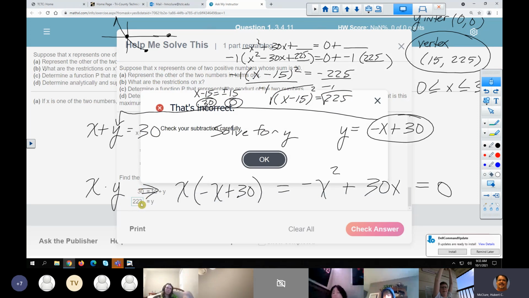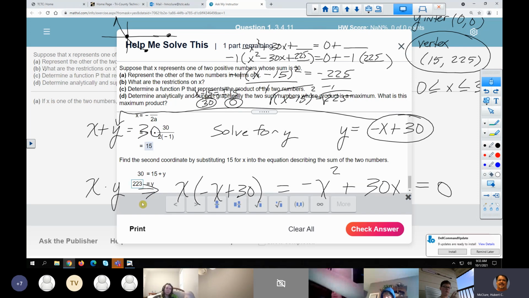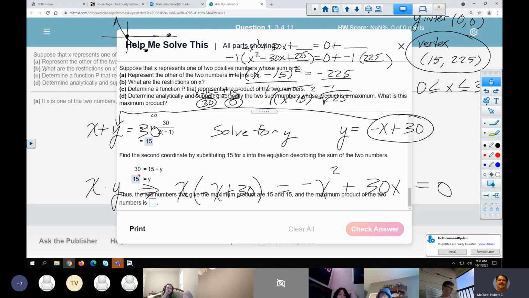Oh my goodness. This problem is out of character for this section. 225. That's where my problem is. No, 15. There it is, 15.